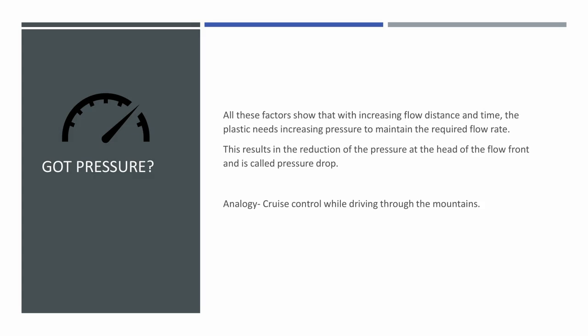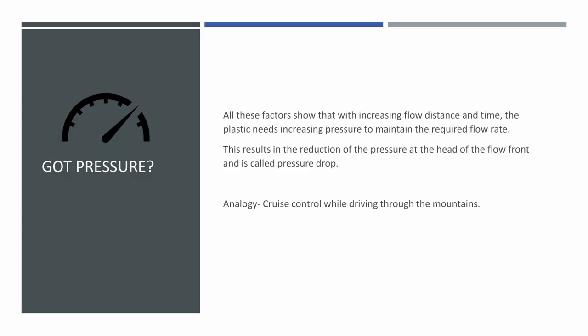So all these factors show that with increasing flow lengths and fill times, the plastic needs more and more available pressure to maintain the required flow rate or injection speed that the injection unit is trying to achieve and maintain throughout that entire filling phase. This results in the reduction of the pressure at the head of the flow front and is called a pressure drop.